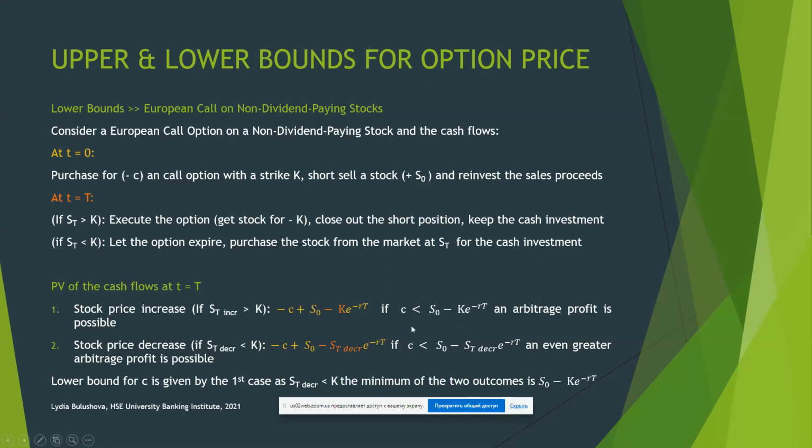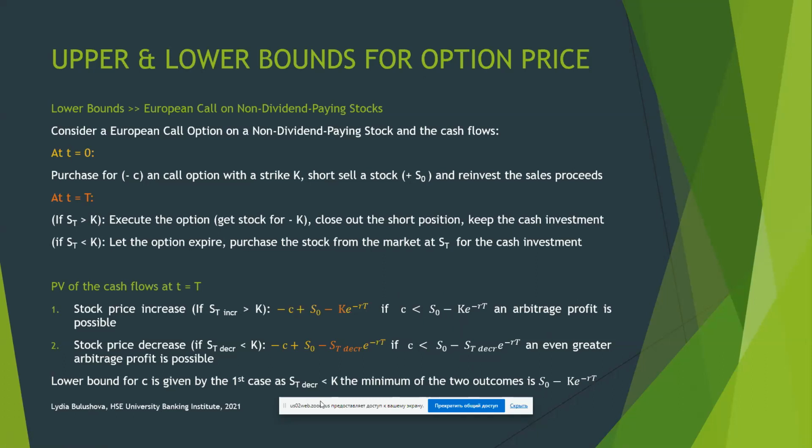This is the minimum of two outcomes because we have the same S sub 0. Here we reduce S sub 0 by 100 multiplied by something. Here we reduce S sub 0 by 1 multiplied by something. So this is smaller, this is small, this is large.